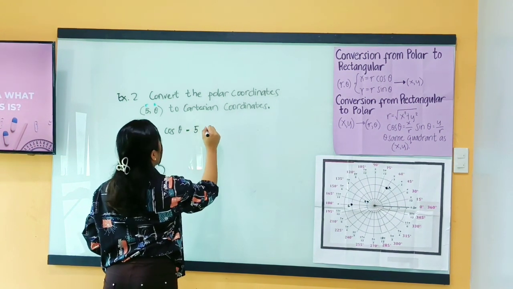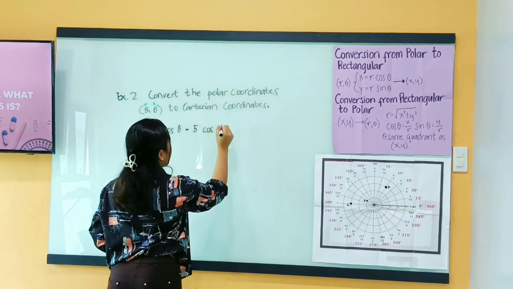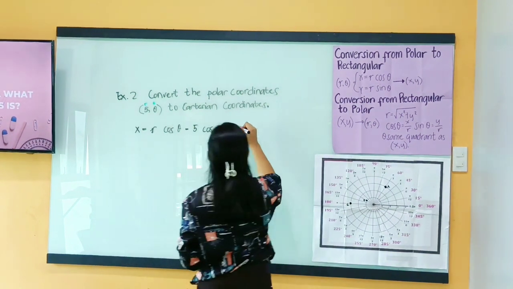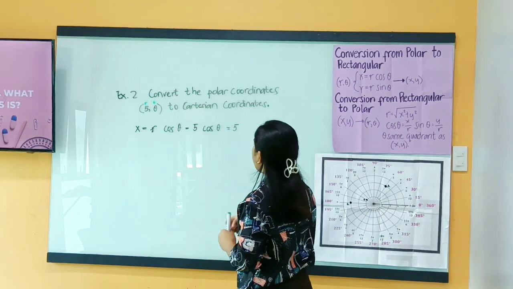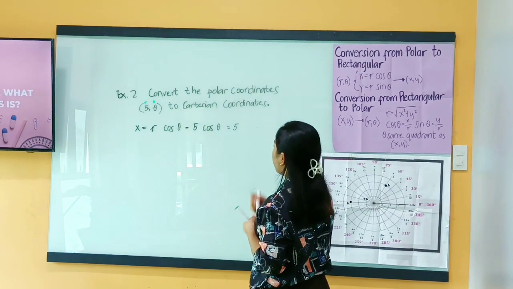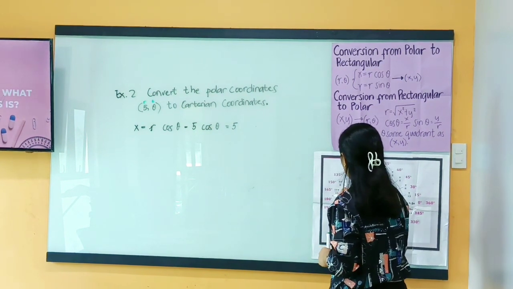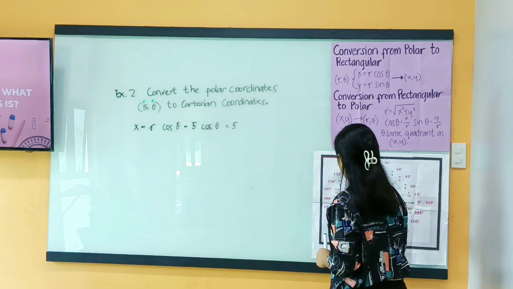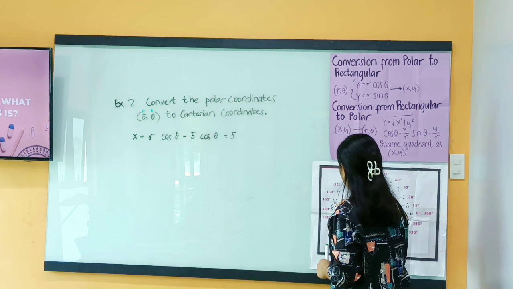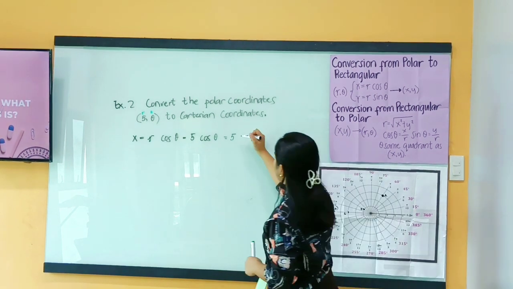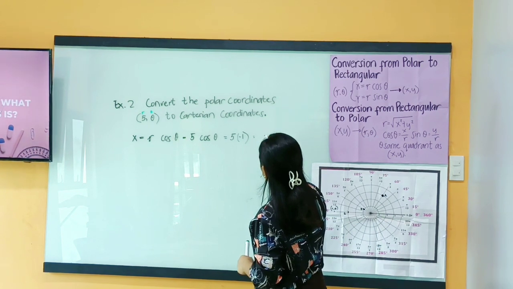5 cosine theta, and in the polar plane, the cosine of theta here is negative 1. So 5 times negative 1 equals negative 5.